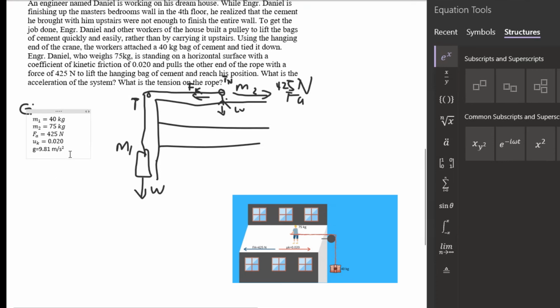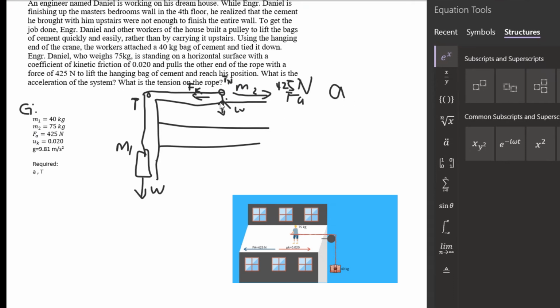For the next part, the required to find. It is asked that we should find the acceleration of the system and also the tension on the rope. So again, here is the tension force that we're looking for and the acceleration of the system.